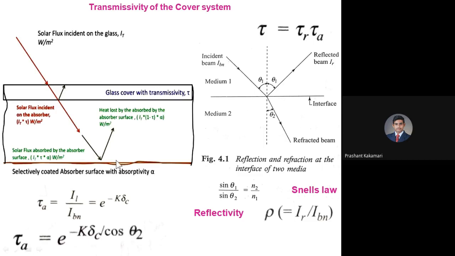Now you can see, whatever energy is emitted from the absorber plate, that is the heat lost by the absorber plate, that can be given as IT(1 minus tau alpha) here. IT is nothing but the total radiation from the solar energy that is coming. Now tau, what is it? The reflected radiation loss.